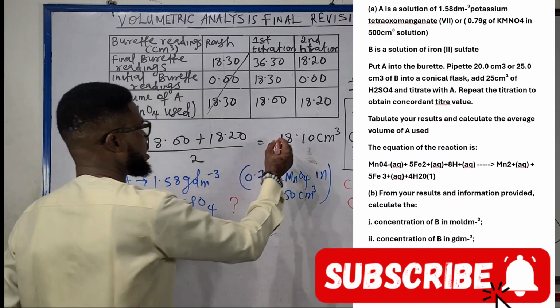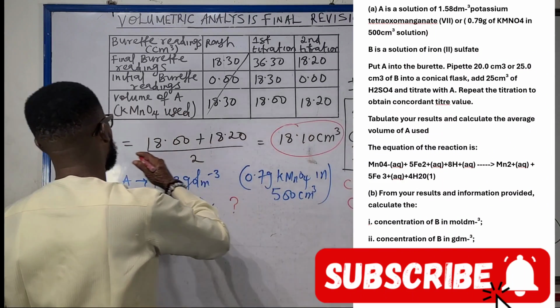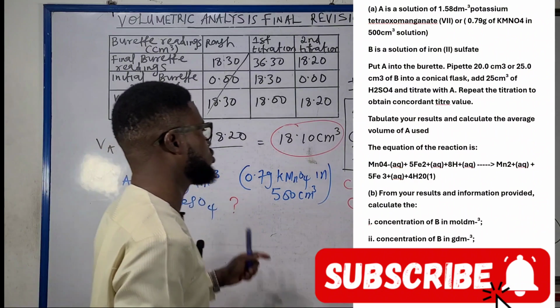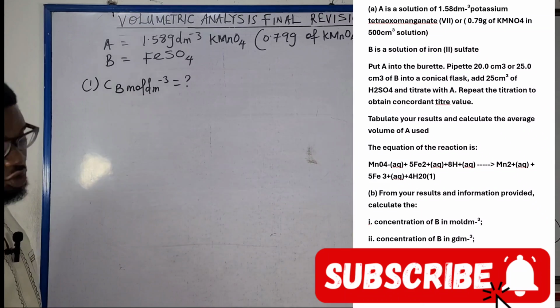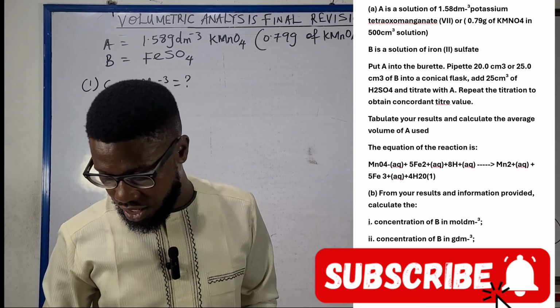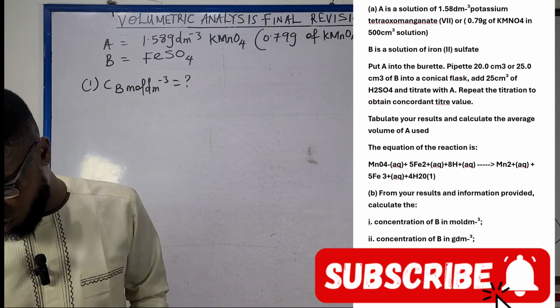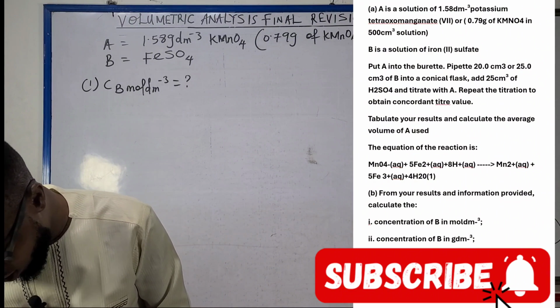Take note that the average volume of our KMnO4 of A used is 18.10 cm cube.